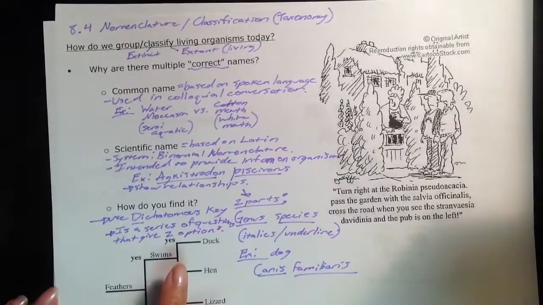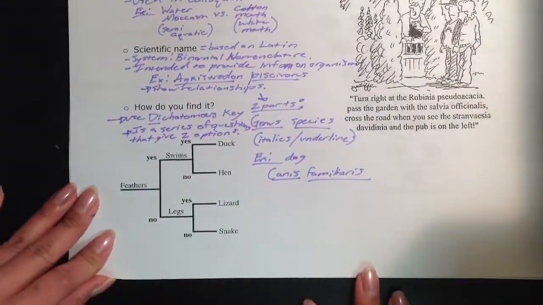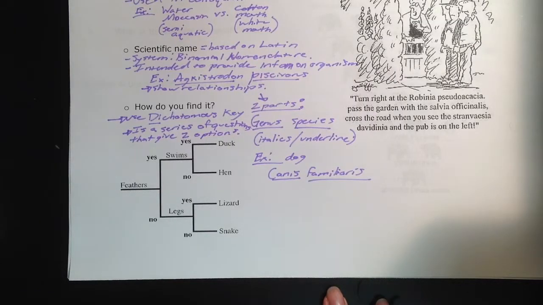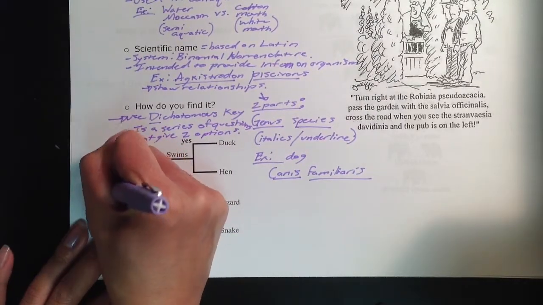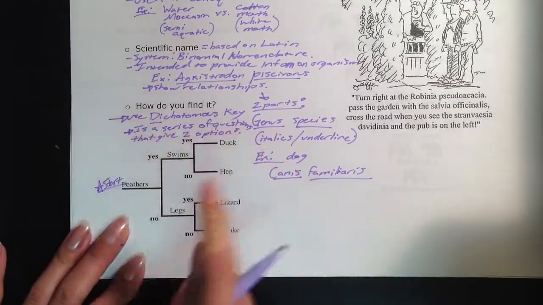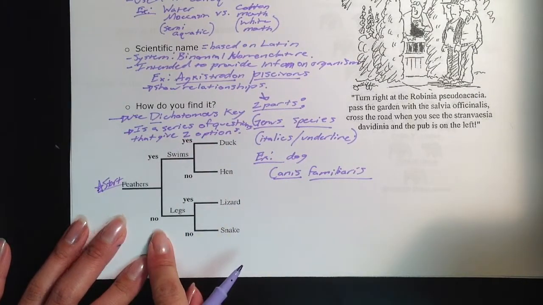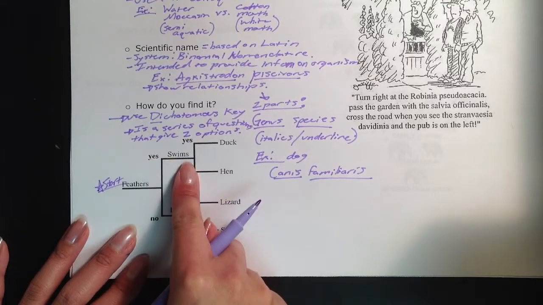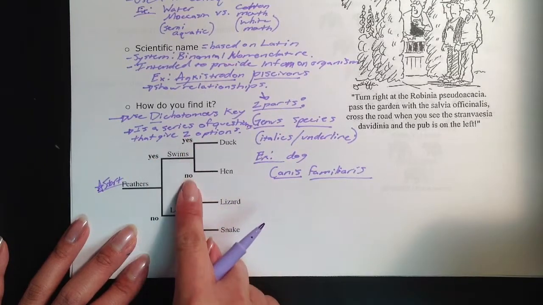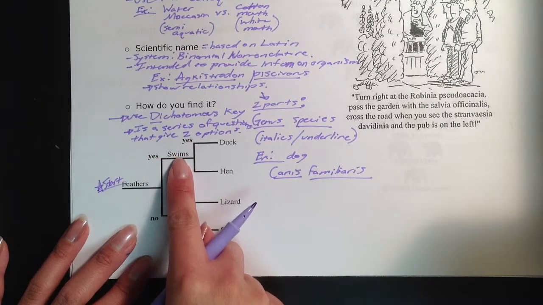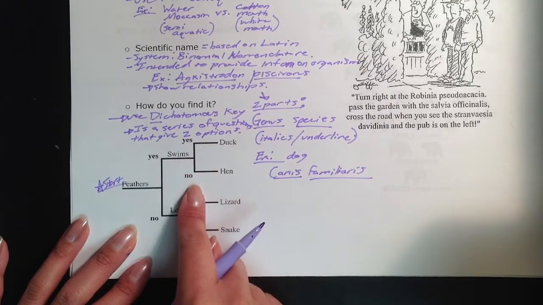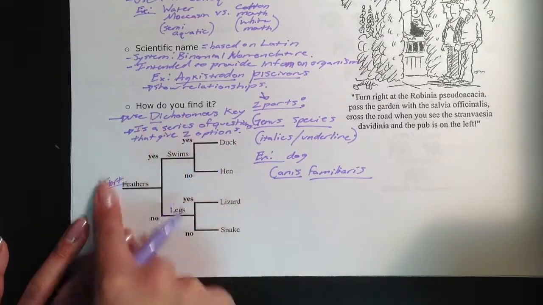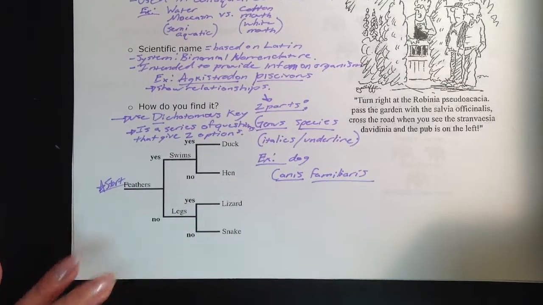So for example, this is a simplified dichotomous key, more of a picture than a word key. You're going to start with your first question, and the first question says, do you have feathers? Yes or no? If you have feathers, you go to, does it swim? Yes or no? If it does swim, then yes, you're going to be a duck. If it does not swim, then no, you're going to be a hen. Obviously a very simplified image of a dichotomous key.